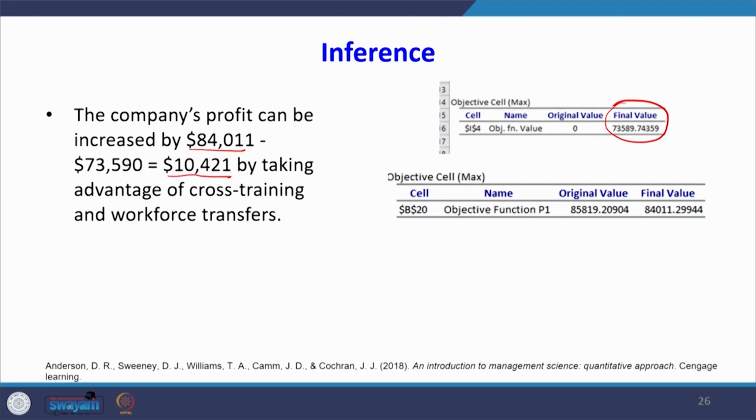After cross training, the value of our objective function is now 84,011.29. So, the difference is the increase in the value of objective function due to cross training. How much? $10,421 is the increase in the value of objective function due to cross training. That is the first inference.